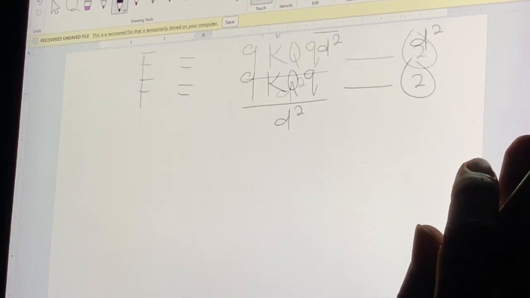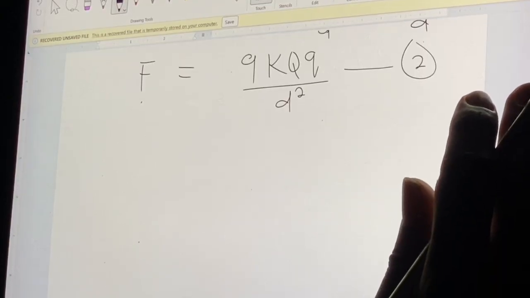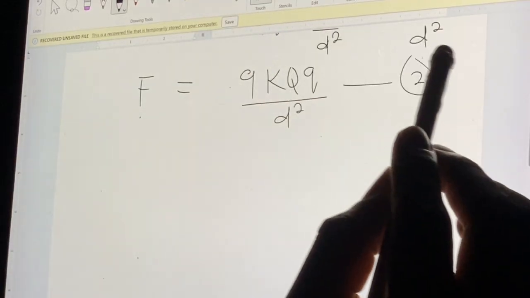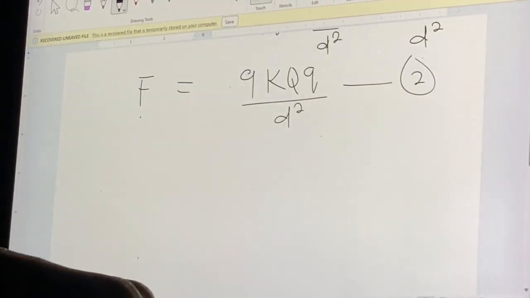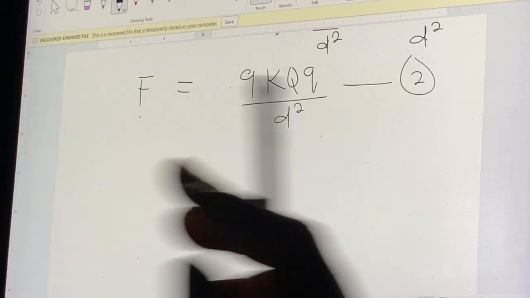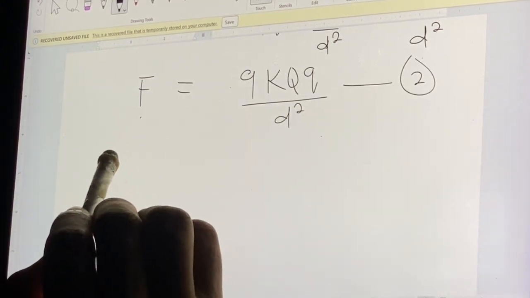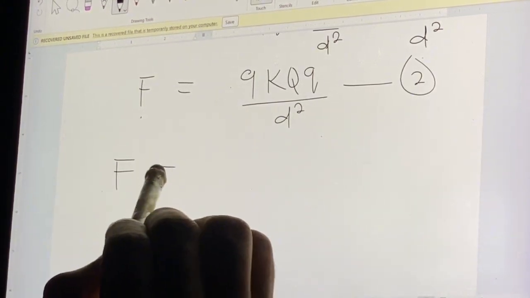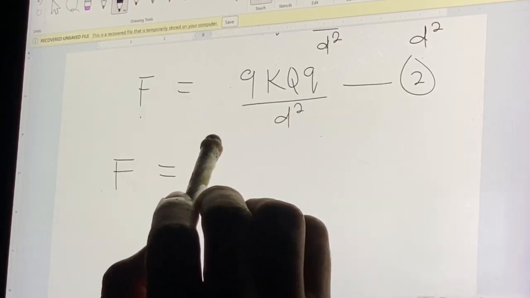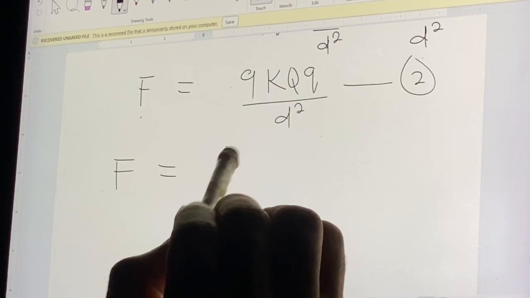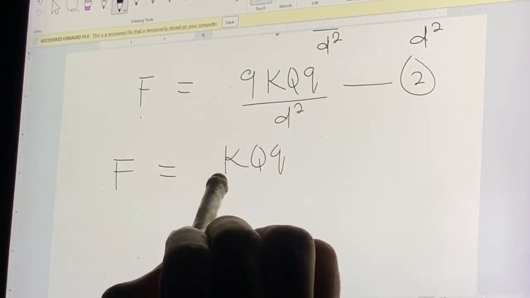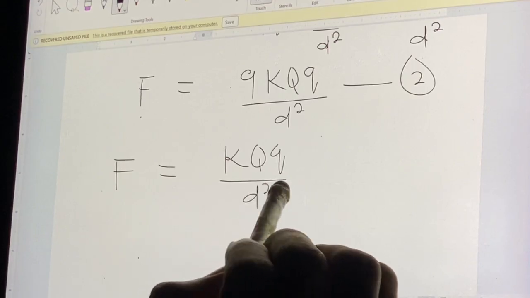So we have gotten equation 1 from the first statement, and we have gotten equation 2 from the second statement. Let's compare equation 1 and equation 2, and later unite them together to have a single force. This is the first expression from the first statement: K capital Q small letter q over d square.